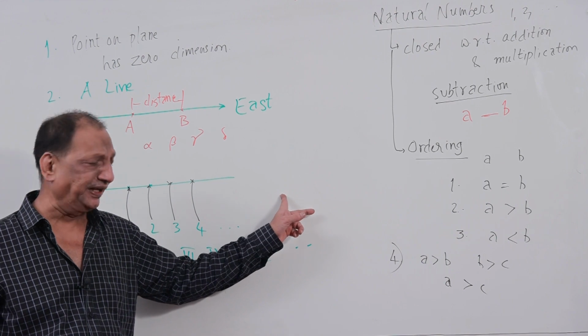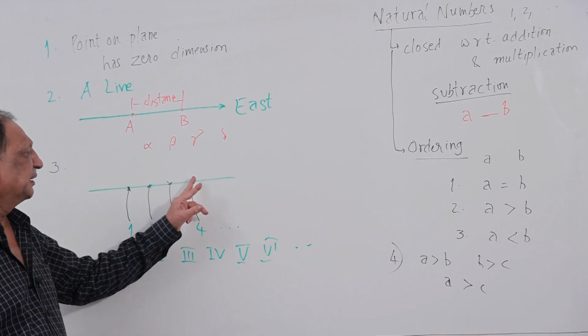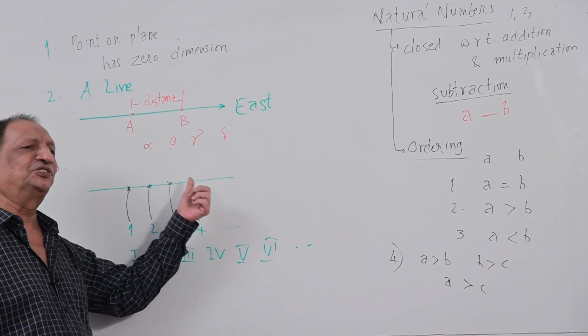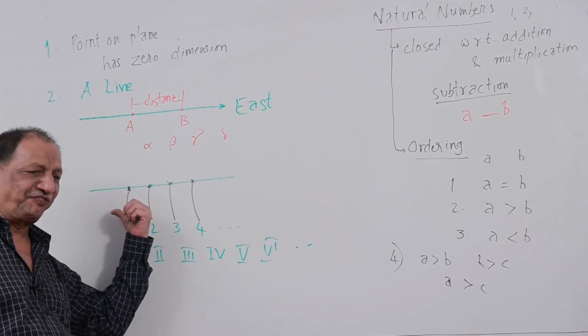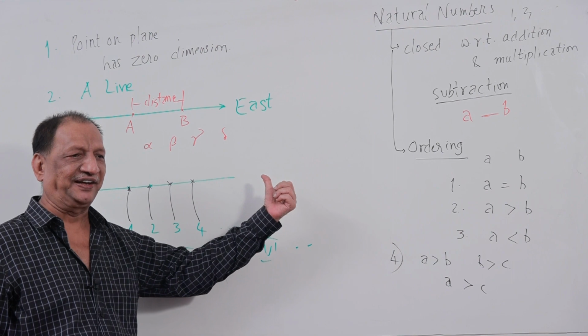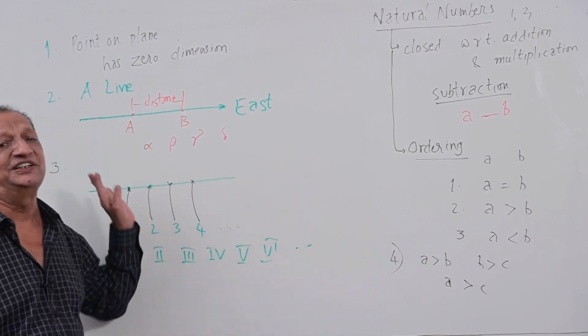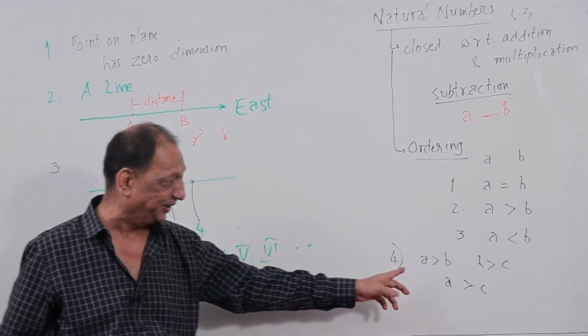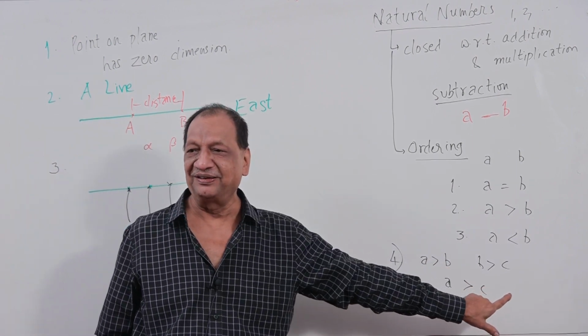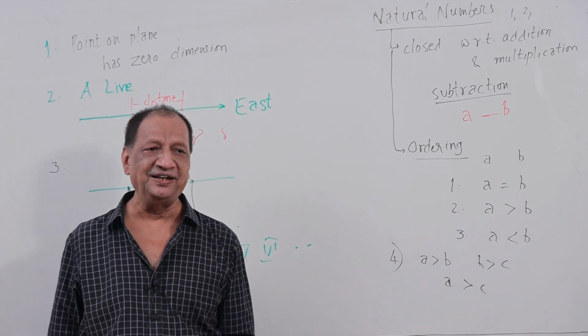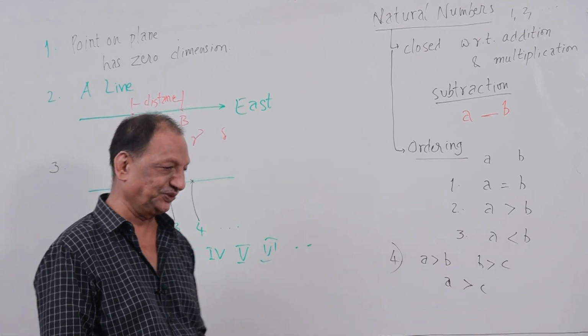Very simple way: when a number is bigger than the other number, it is to the right of this number. When it is smaller, it is to the left. All smaller numbers are to the left, bigger numbers are to the right. So if I have one number to the right, and another number still to the right, obviously it is to the right of the original number. So that is the meaning of A greater than B and B greater than C, saying A is greater than C. Correct now? You understand? So ordering.